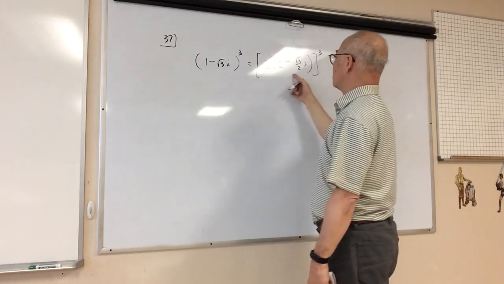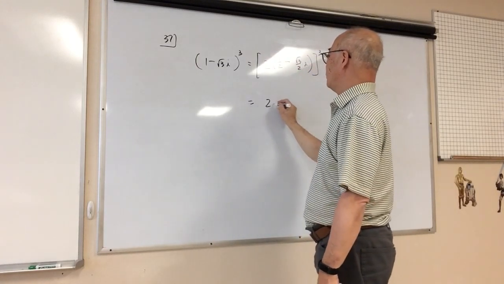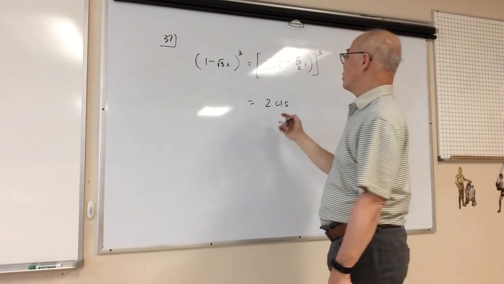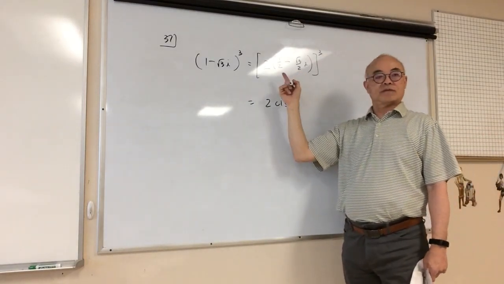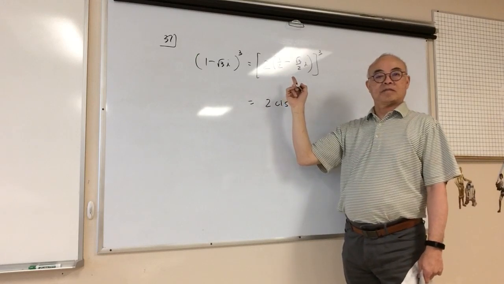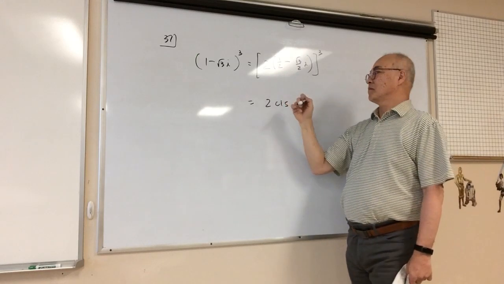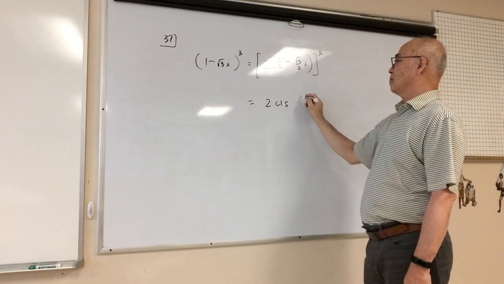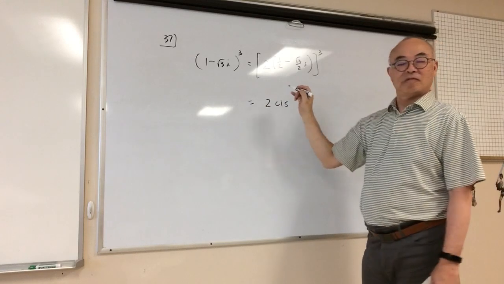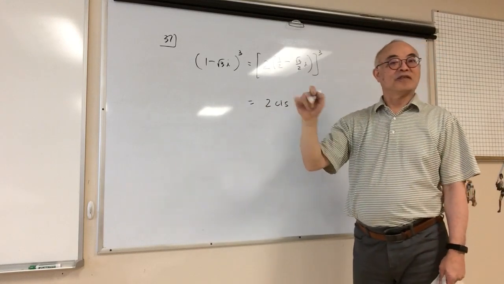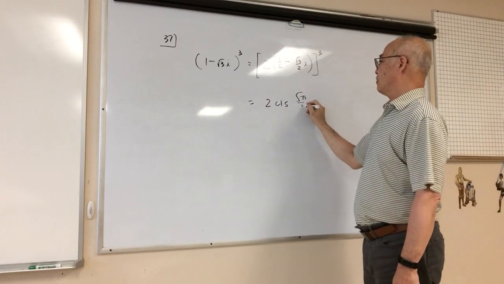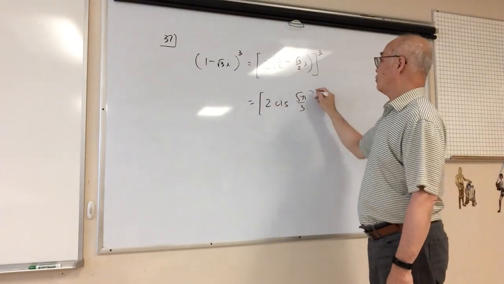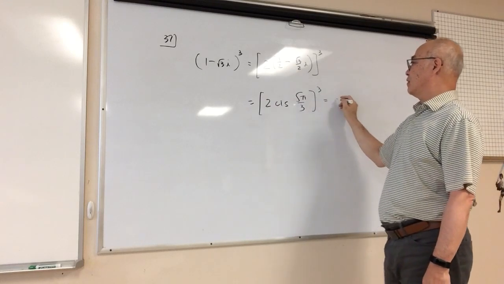Now I need to change this into polar form. So I get 2 cis, which angle gives me this? 5 pi over 3. 5 pi over 3, to the third.